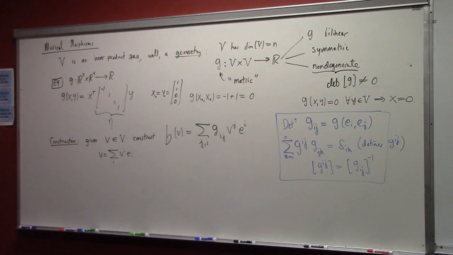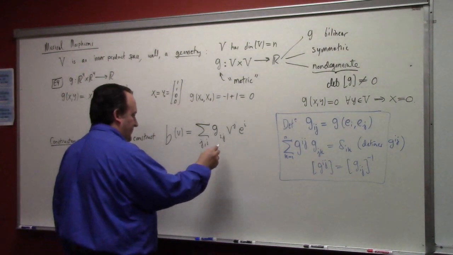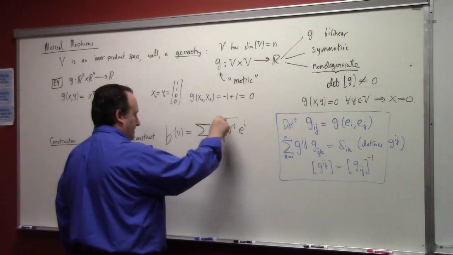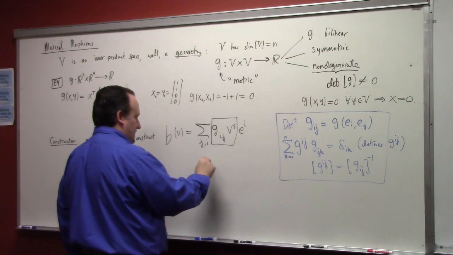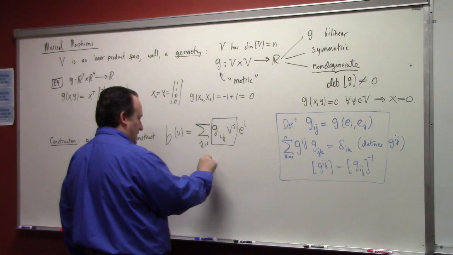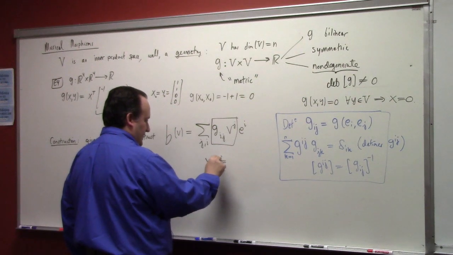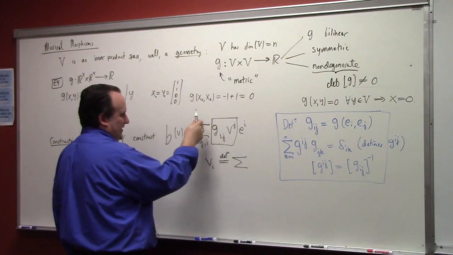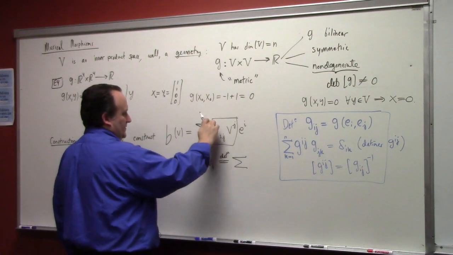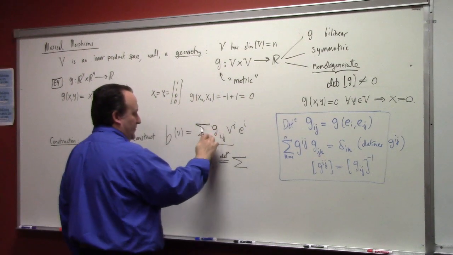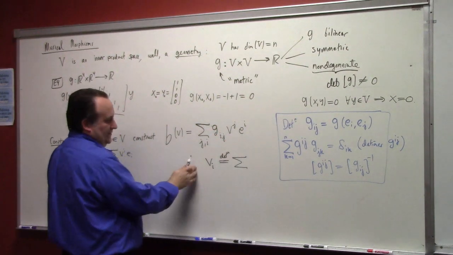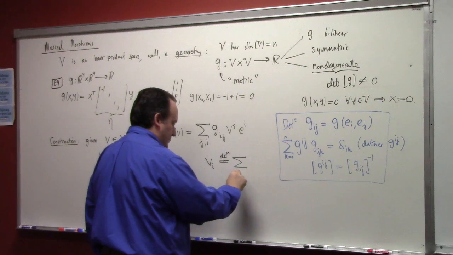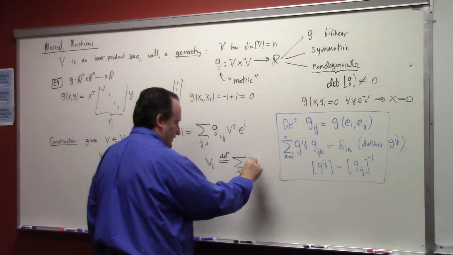So you see what I did here? And then this right here defines v lower i. I only need one of the summations, not both of them. So let me just say down here, v_i is the sum over j of g_ij v upper j.